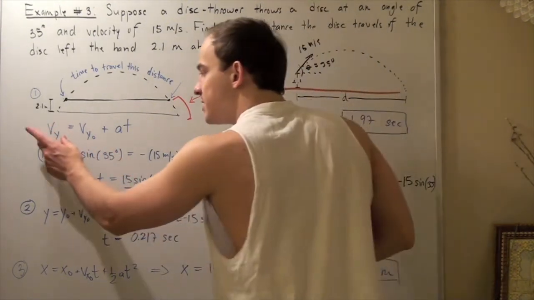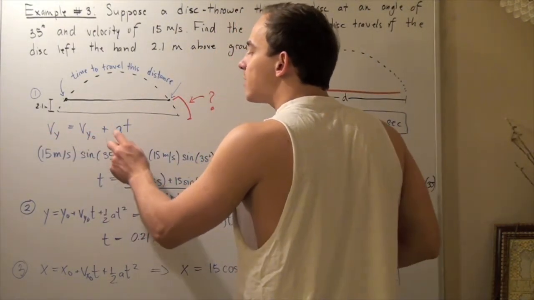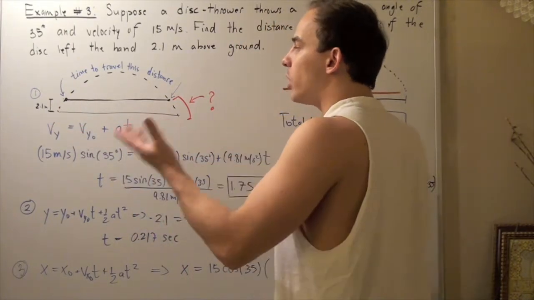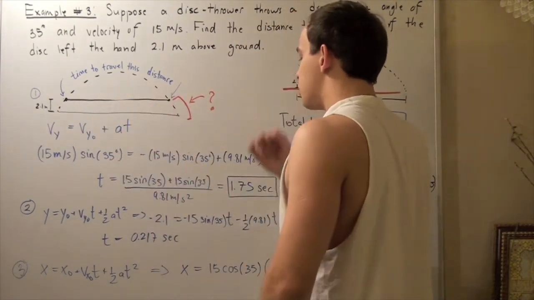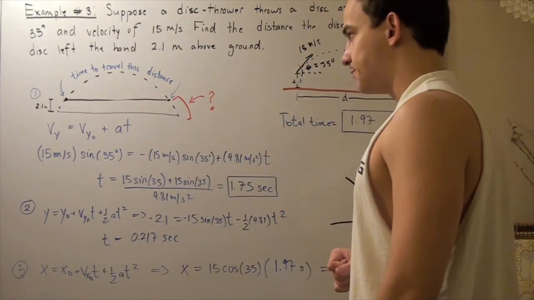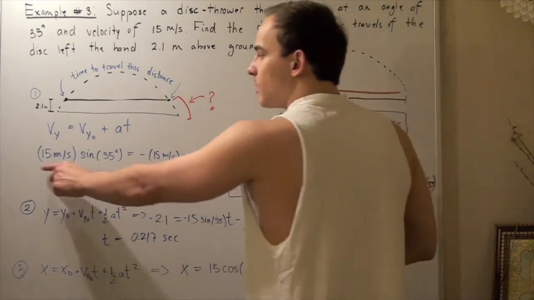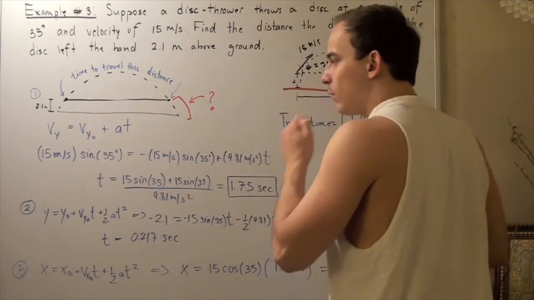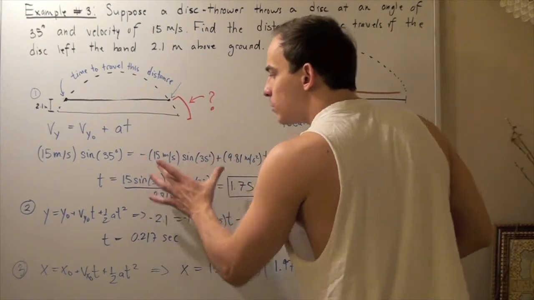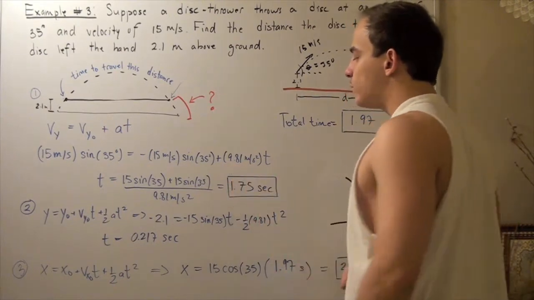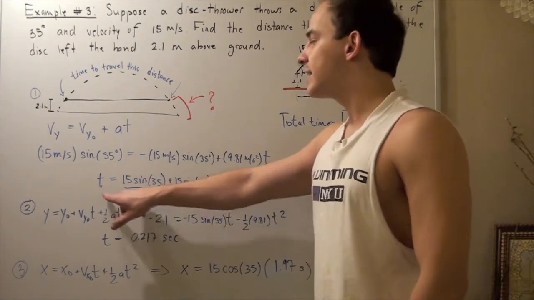So we know this guy, we know this guy, and we know what our acceleration is. It's negative or positive, depending on what you assume your condition to be, 9.81 meters per second squared. So we plug in our values and we get the following. And now we basically take this guy, we bring it over to this side, and then we divide by 9.81 meters per second squared, and that gives our time.